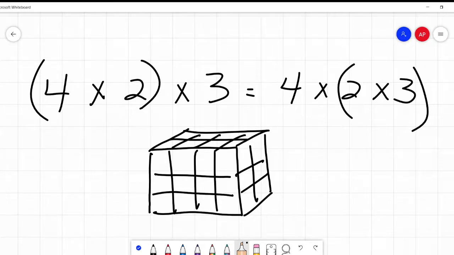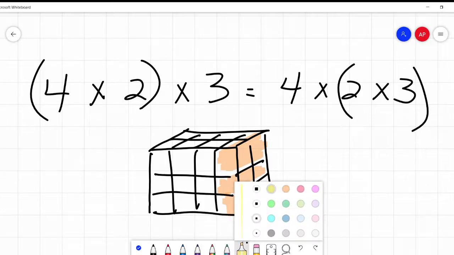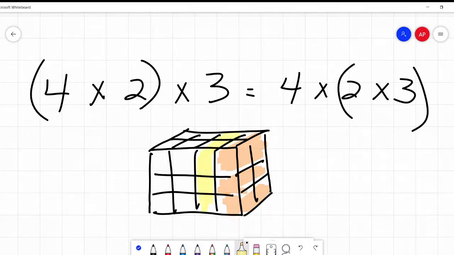Well, the other way they're saying, okay, do 2 times 3, and then do that 4 times. Well, the same rectangular prism still shows us that, because here's our 2 blocks. Then we do 3 stacks of the 2 blocks, and then do that 4 times.